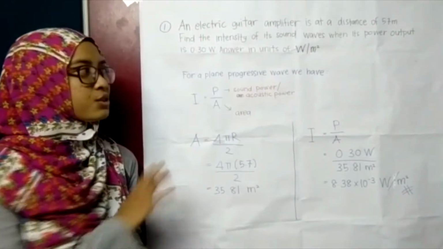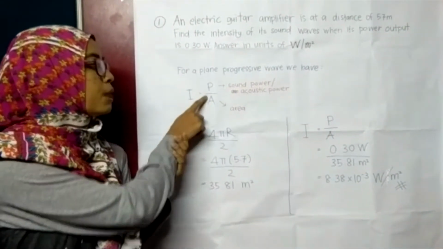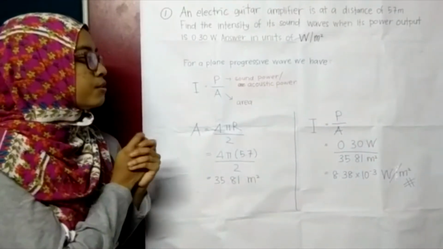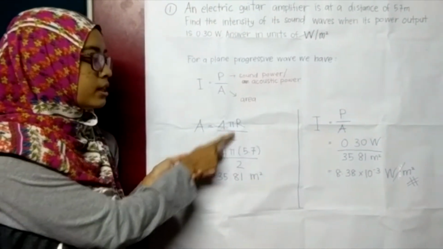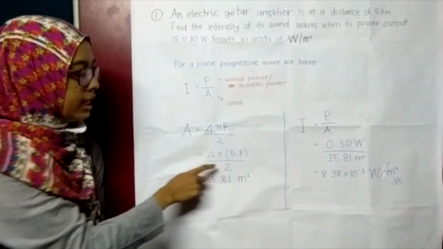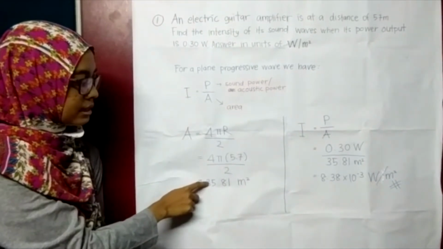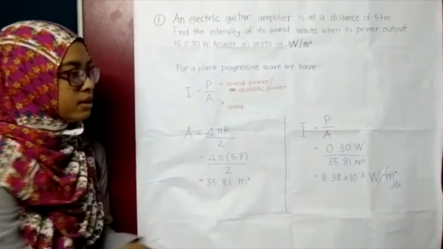For this question, I will use the formula of intensity equal to power over area. The area is 4 pi r squared. For the value of the radius, I will put 5.7 meters, and it gives a value of 35.81 meter squared.